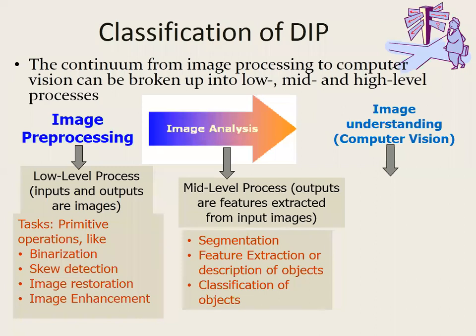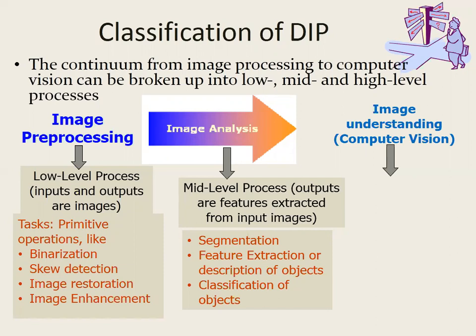Then accordingly, we have to apply image segmentation. Image segmentation is the first step in image analysis, and it gives us the subparts of a given image as per our requirement.